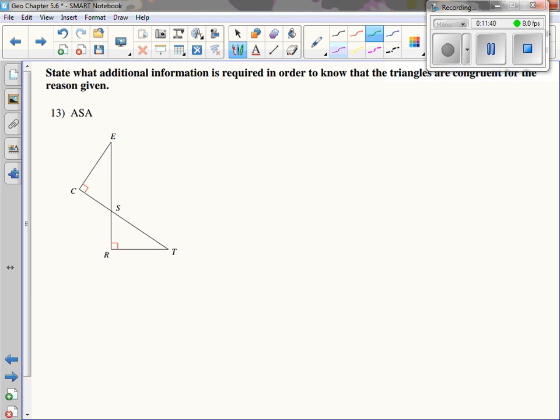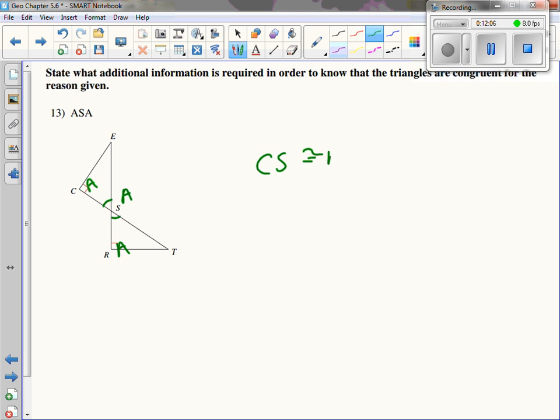What about this one? We're given a set of angles. These two angles are congruent because of vertical angles. So what side would I need? Yes.